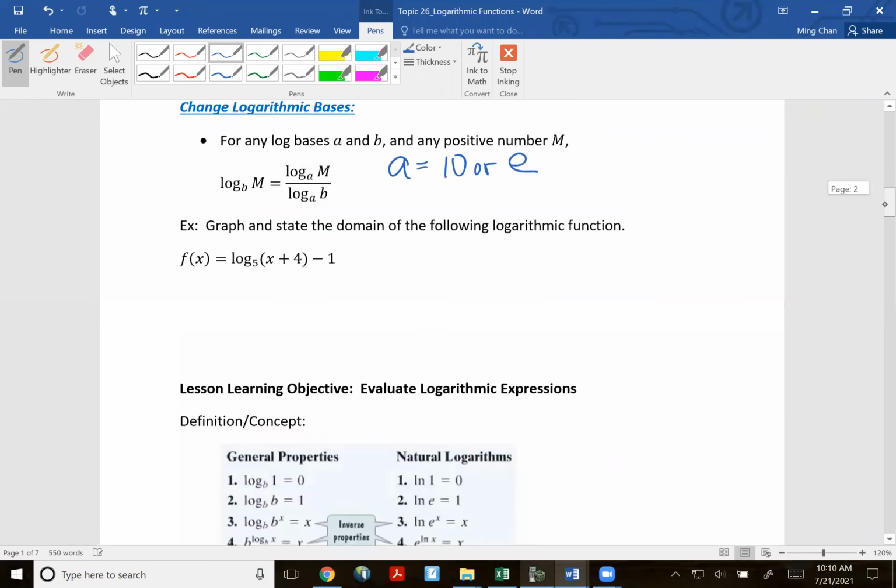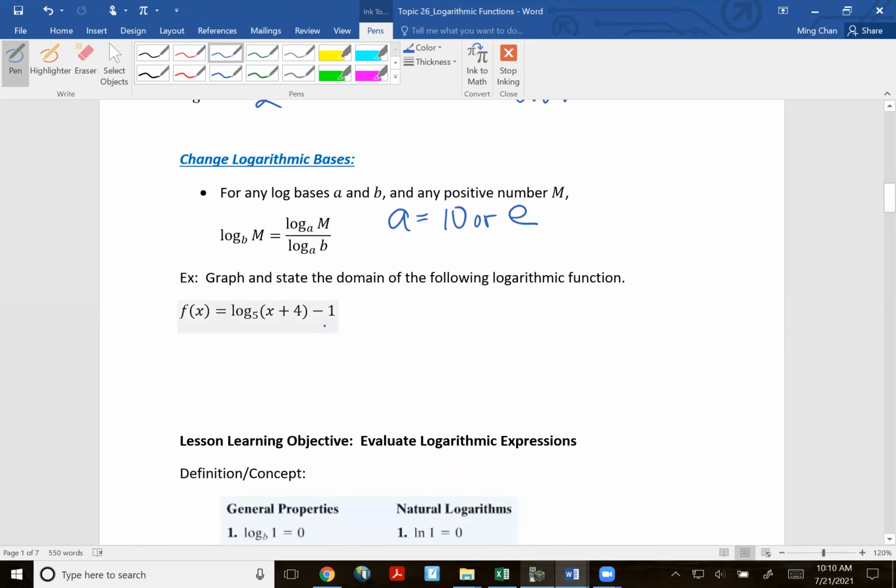So let me show you right here. In order for my calculator to grab this function, since I don't have a syntax where I can type in a base 5, I need to convert this first log term into something I can key in. So log of base b of m: the 5 is my b, and the x plus 4 is my m.